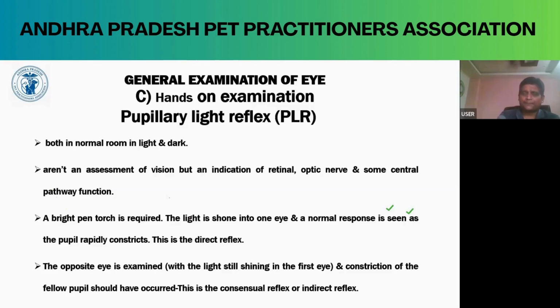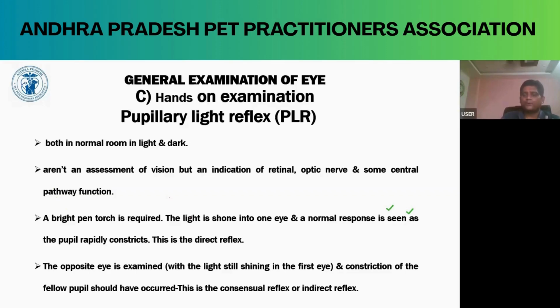Generally, to the bright light, the pupil should constrict, which is known as the direct reflex. If you focus on one eye, the focused eye, if it shows the constriction, it is called the direct reflex. If you observe the other unfocused eye, if it is showing the constriction of the pupil, it is known as the indirect reflex or the consensual reflex, which is also normal.